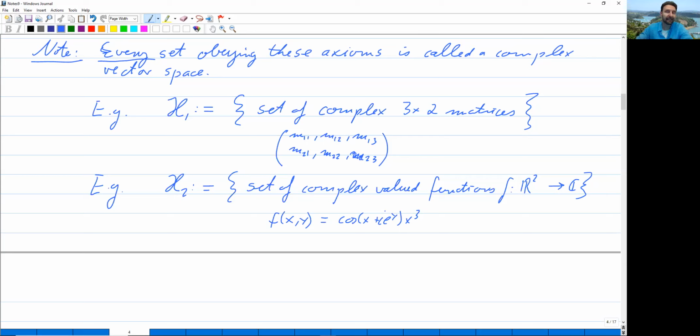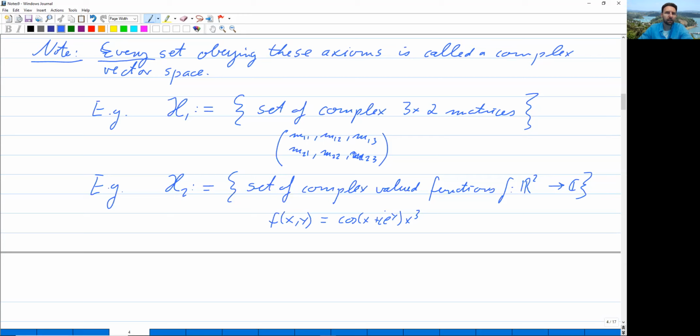And this addition obeys the axioms that we required of an addition above. Namely, it's a commutative group. You see, for every function that you add, you can always add the negative of that. So you have an inverse. And you have the neutral element, which is the function that maps everything into 0. And also, you can multiply any one of those functions with a complex number, you get a function again. So you now have a complex vector space.